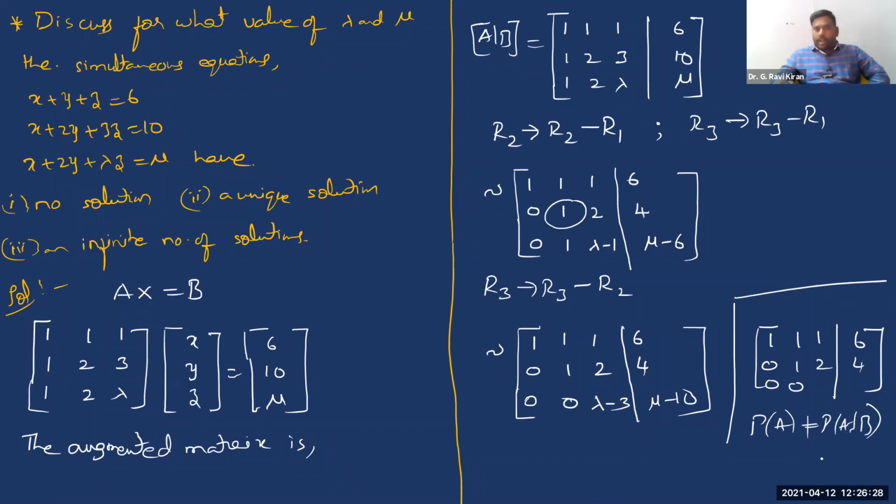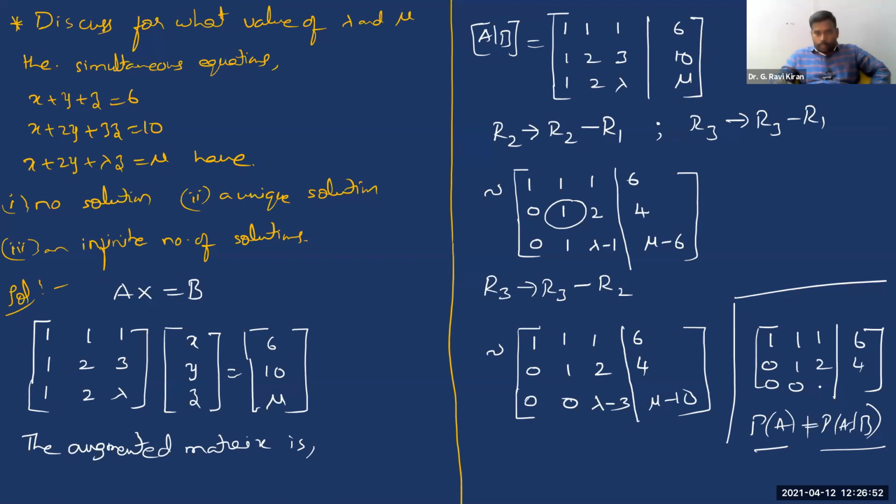When the rank of A and the rank of AB are not equal, then the system will have no solution. See, in what case we'll get these 2 ranks as different. They are the values of lambda and mu for which the system gives no solution. To get no solution, we don't want the ranks to be equal. They must be different. So in which case may the ranks be different?